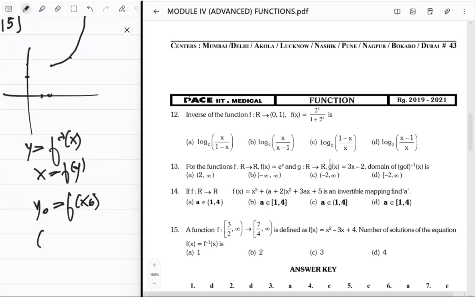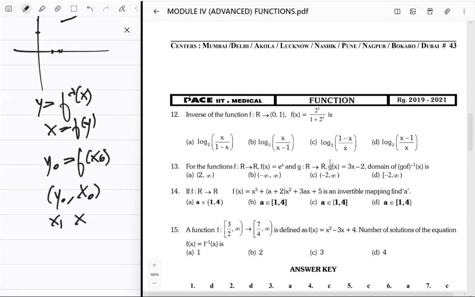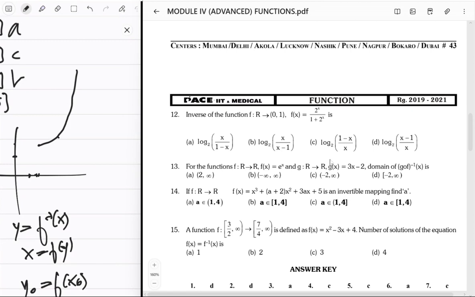Then think about the point y naught comma x naught. Call this x1 and this y1. Then this will satisfy the equation x1 is equal to f of y1, right? So basically just take the reflection about y equal to x, and then we'll see what happens. So something like that.